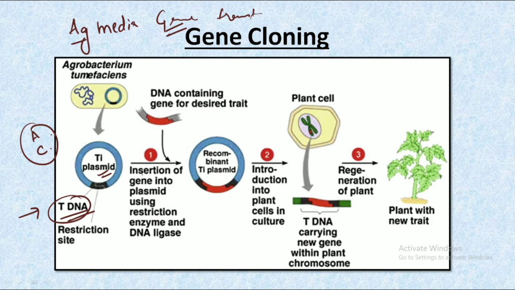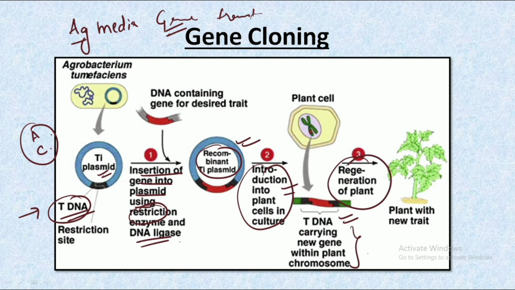Initially we have the insertion of the gene into the plasmid using the restriction enzyme and the DNA ligase. There is the formation of the recombinant Ti plasmid, and this recombinant Ti plasmid is then introduced into the plant in the culture, and now the plant cell has the tDNA which carries the new genes within the plant genome. Then the regeneration of the plant occurs, and as a result of the insertion of a desired or changed gene into the plant, the plant that is produced is a plant with a new trait.